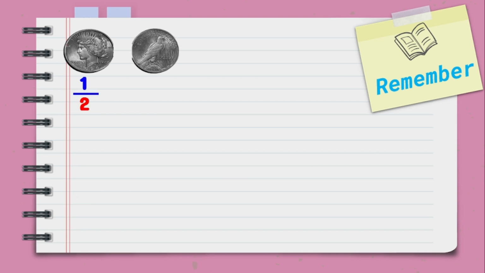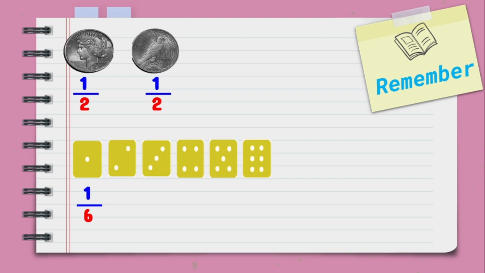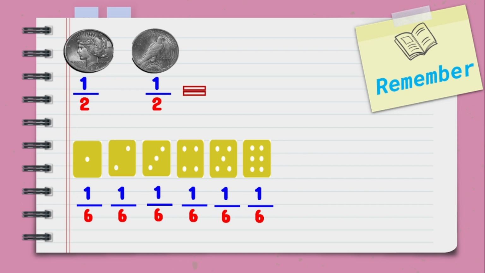Remember, the probability of flipping heads is 1/2. And the probability of flipping tails is also 1/2. The probability of rolling a 1 on a dice is 1/6. The probability of rolling any number on a dice is also 1/6. If you add up all the probabilities for a coin flip, you get 2/2 or 1 or 100%.